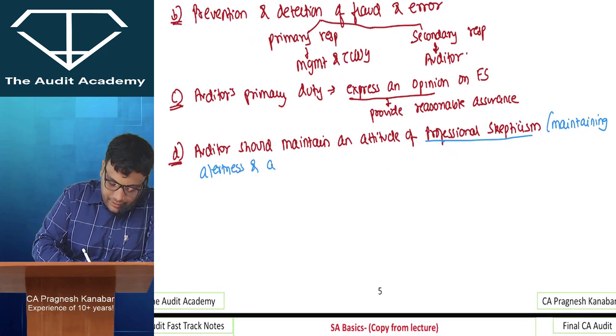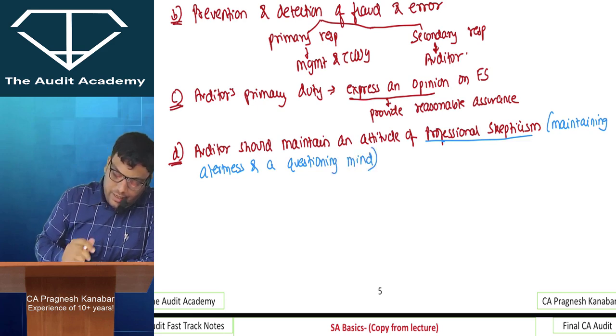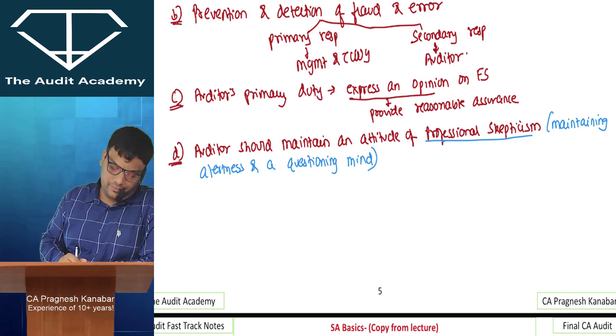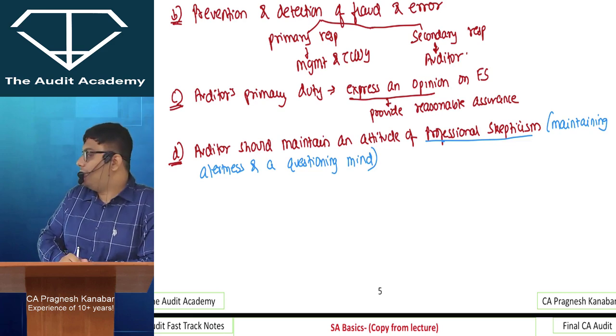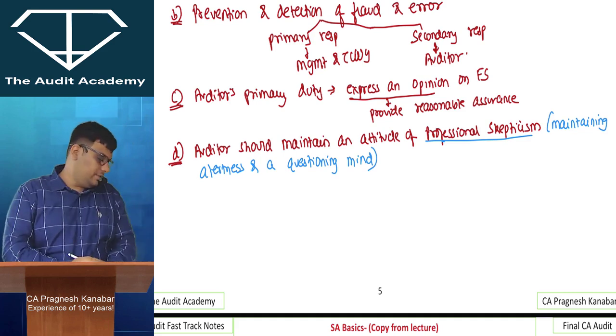Maintaining alertness and a questioning mind. Don't doubt, but you can always ask questions. Don't doubt unnecessarily and don't trust your client blindly. Keep asking questions. Maintaining alertness and a questioning mind.